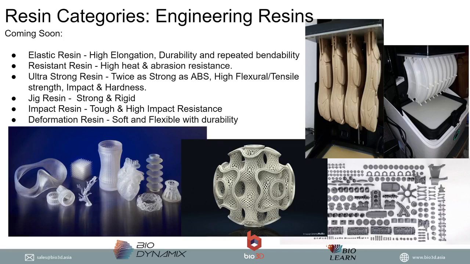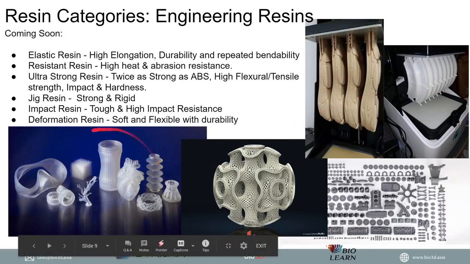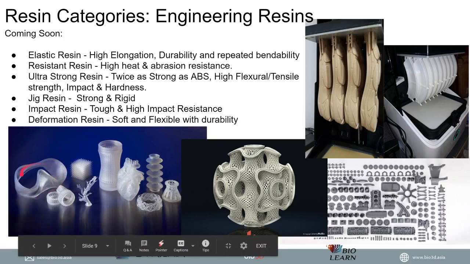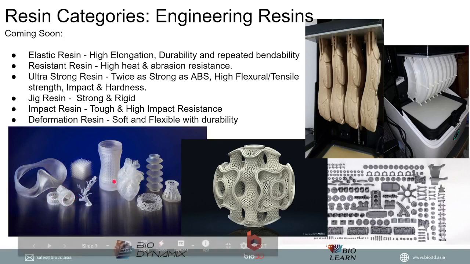You have elastic resins. So for example, elastic resins, and I will say that these are not all Uniz printed, but these are different elastic sort of materials available, and the different things that you can actually print with elastic resins. So here you have scuba diving goggles produced with elastic resin. Here you have little wheels that I imagine will be quite soft and flexible.